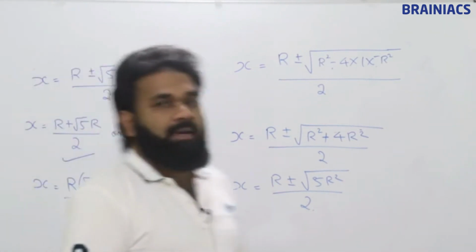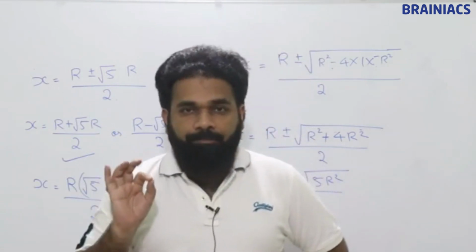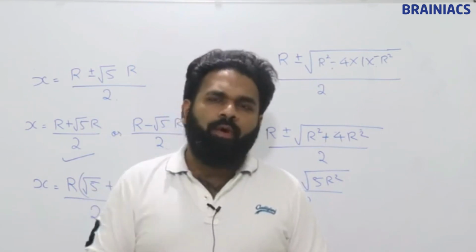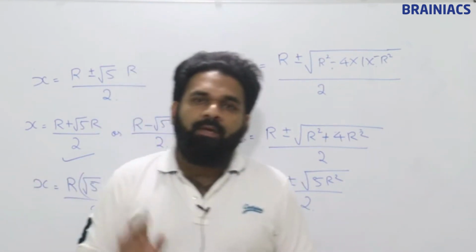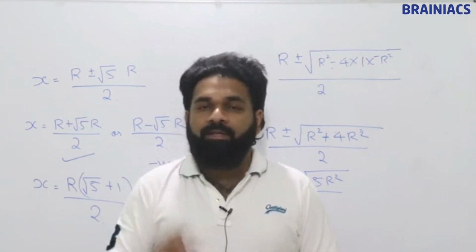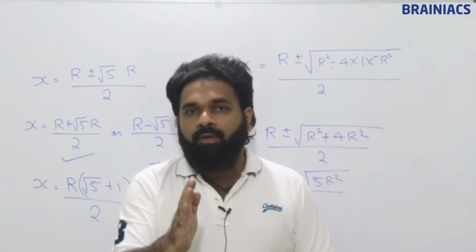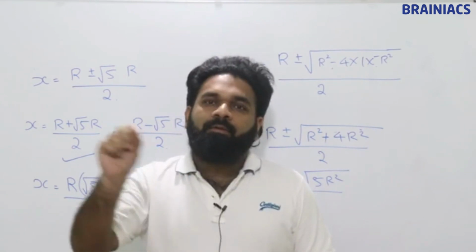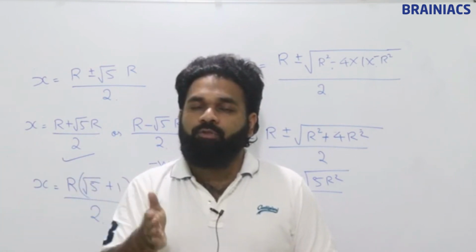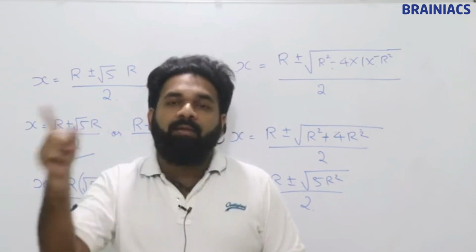So I will summarize the concept, then we will do one more problem. Infinite network: consider the resistance of the whole network as X or Y or whatever it may be. Second step, find the repeating unit. Third step, keep one repeating unit as such, and find the resistance of the remaining part and attach it.